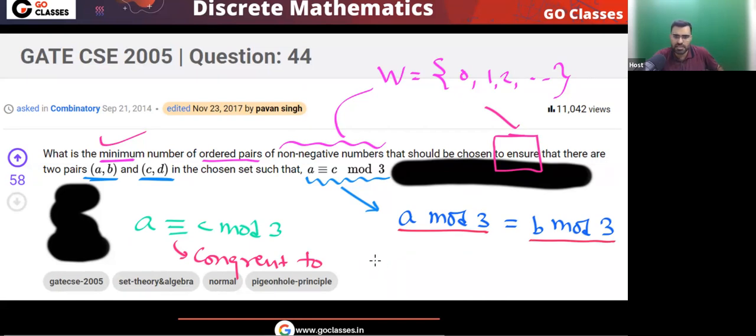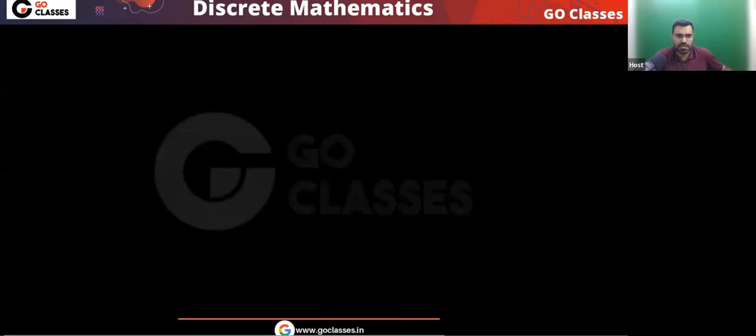For example, can I say 5 is congruent to 11? Yes, I can say, because if you divide this by 3, then the remainder will be 2, and if you divide this by 3, then the remainder will also be 2. So they are congruent to each other. 5 is congruent to 11 mod 3.